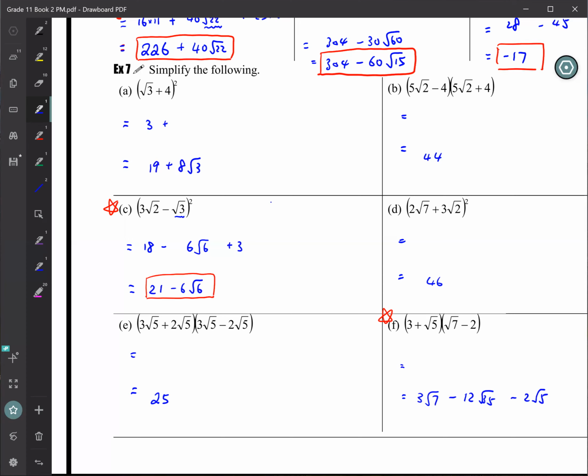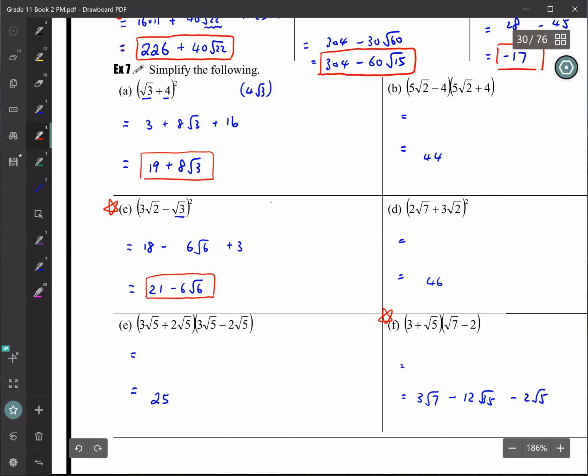We'll do the ab on the side. A is root 3, b is 4, so ab will be 4 root 3. You want to double that, so that will give us 8 root 3. And then plus b squared, so 16. Together, that gives you 19 plus 8 root 3. Root 3 is simplified, so we're done.